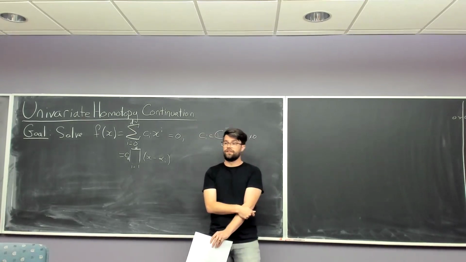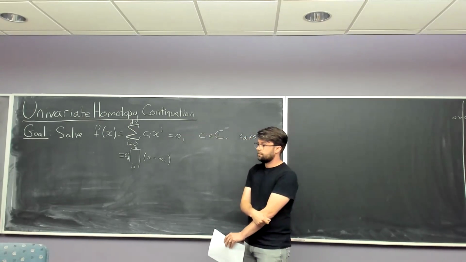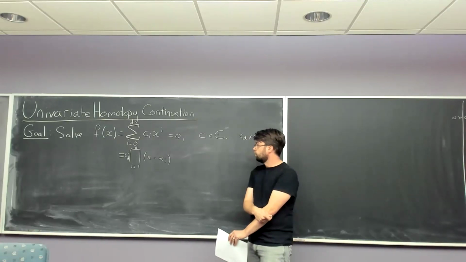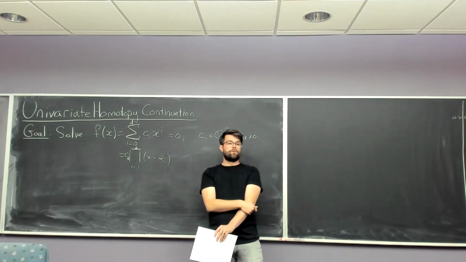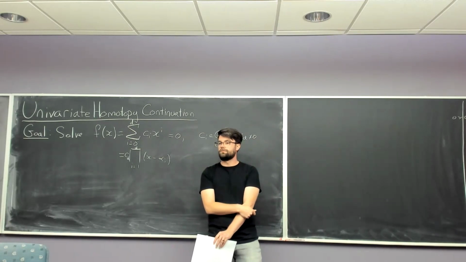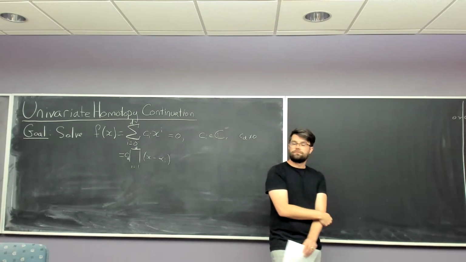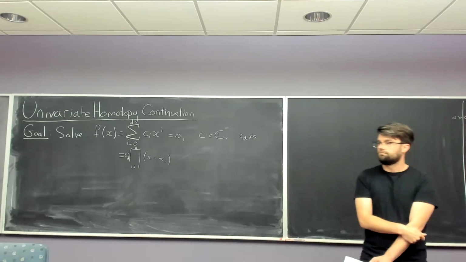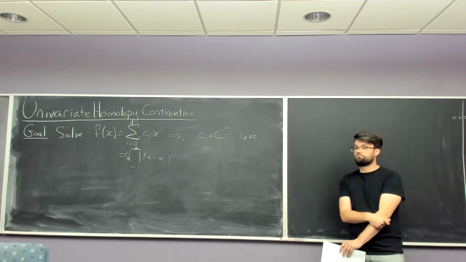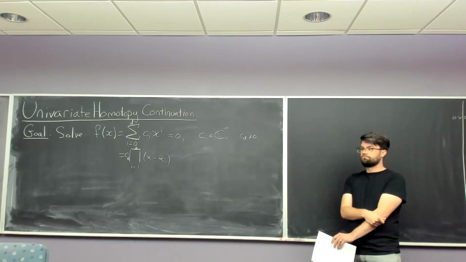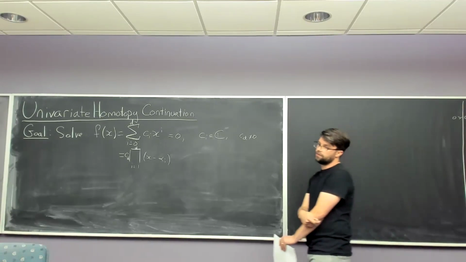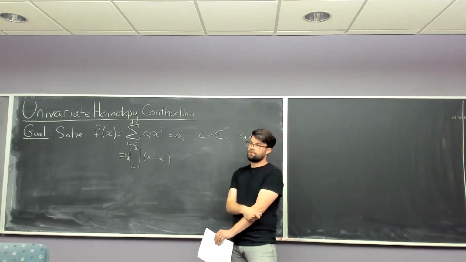This is the Abel-Ruffini theorem. So what do you want to solve? I give you some degree 5 polynomial with random complex coefficients.